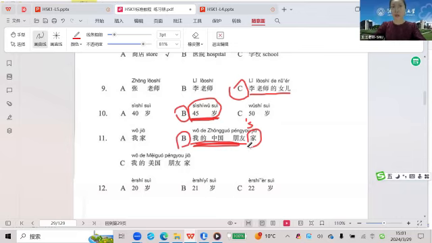Question: 谁家有3口人？Whose family has 3 people? According to the sentence we heard, we can make the right choice. B is the right option, right?